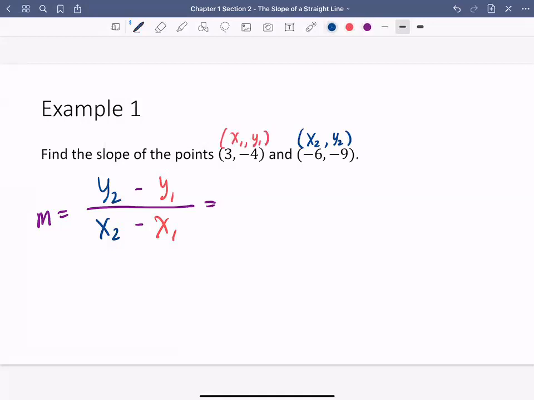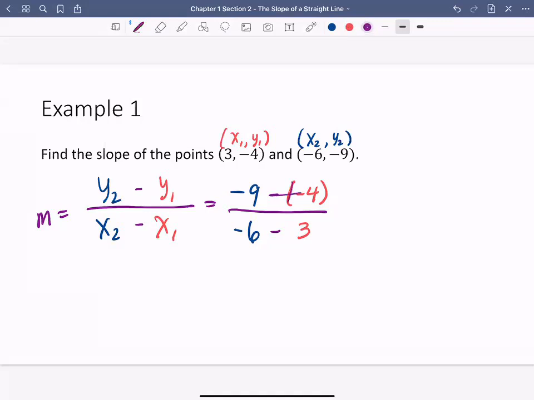So when I substitute my values in, my value of y2 is -9. My value of y1 is -4. And then I go to my denominator, and my value of x2 is -6, and my value of x1 is 3. So now I just simplify the numerator.